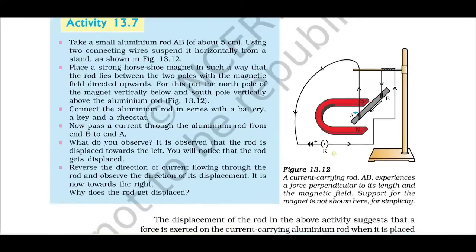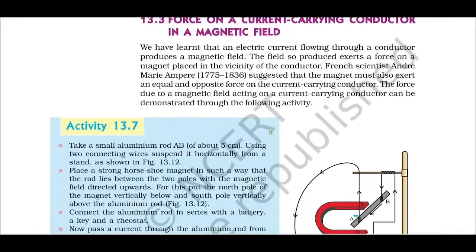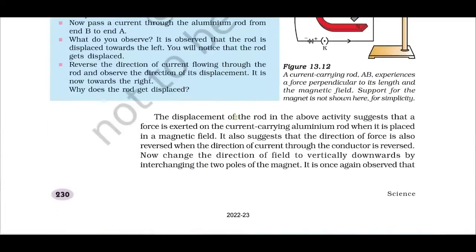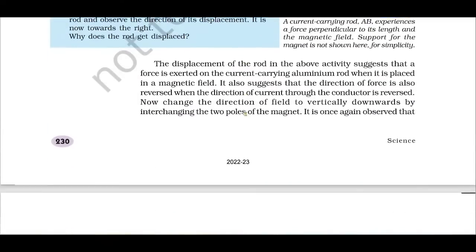What happens? It gets displaced. That means it experiences a force. This is the main theme of this experiment. So with the figure, list down all the points and you can score 3 out of 3 marks easily.